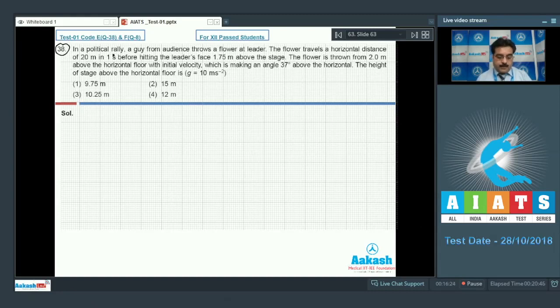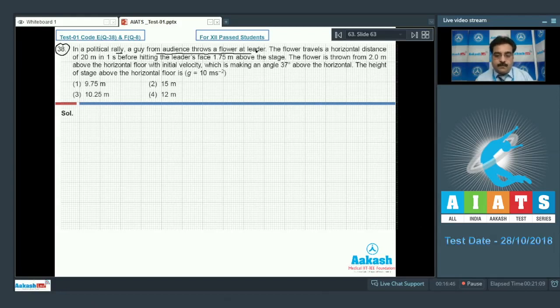In a political rally, a guy from the audience threw a flower at the leader. The flower travels a horizontal distance of 20 meters in 1 second before hitting the leader's face, 1.75 meters above the stage.